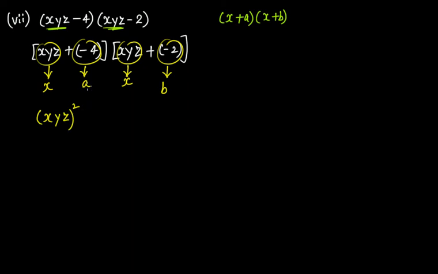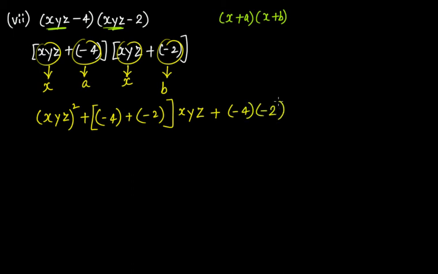Then this is plus a plus b, which means minus 4 plus minus 2, and multiplied by x means xyz, then plus ab means minus 4 multiplied by minus 2. Now this is x multiplied by y multiplied by z whole square.